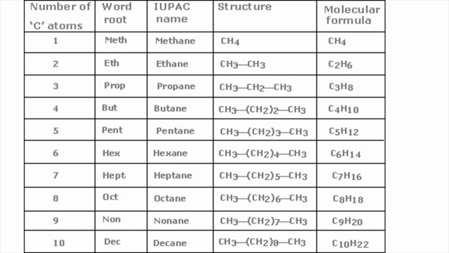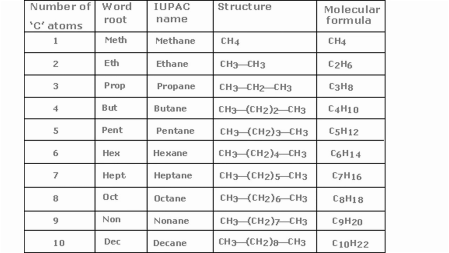For example, pentane. Then if the number of carbon atoms is 6, then the prefix or word root is hex. For example, hexane. Then if the number of carbon atoms is 7, then the prefix is hept. For example, heptane. If the number of carbon atoms is 8, then the prefix is oct.